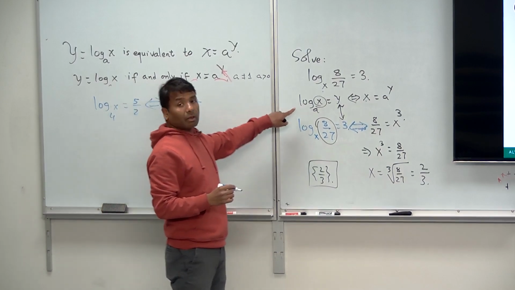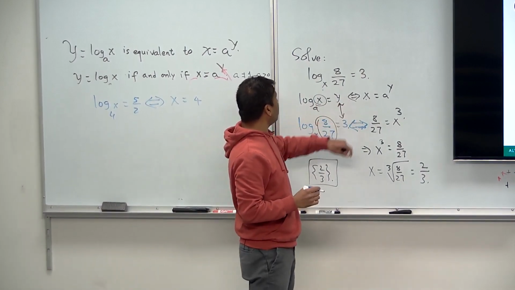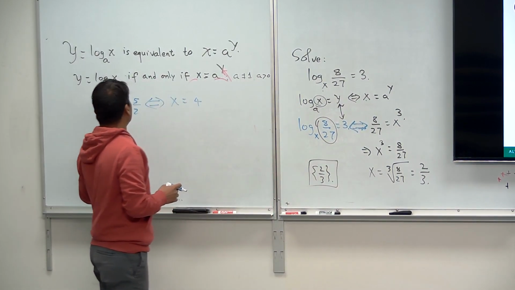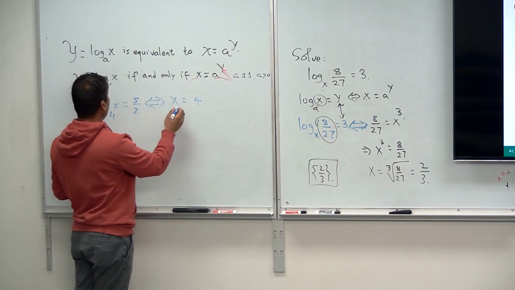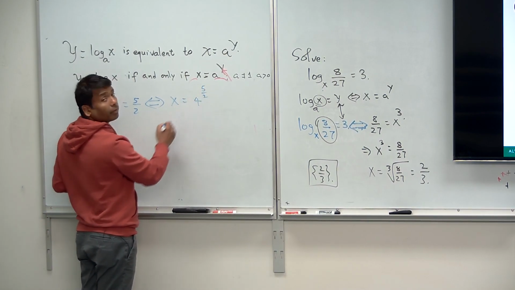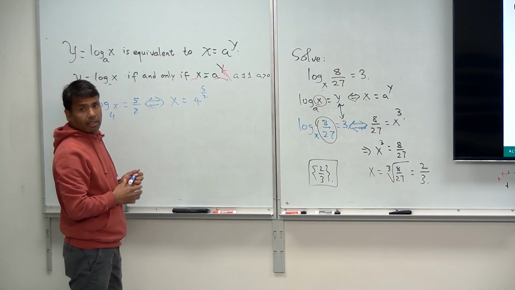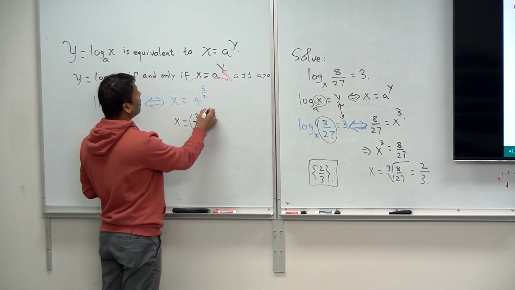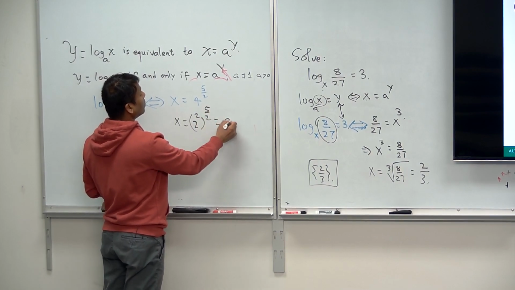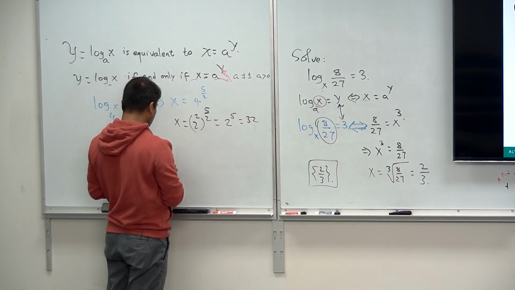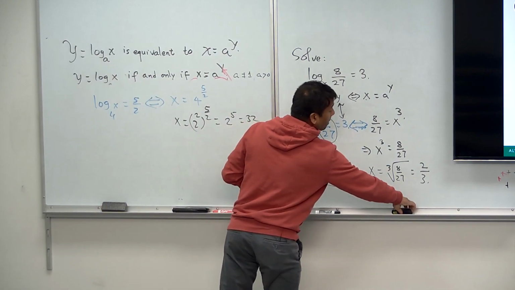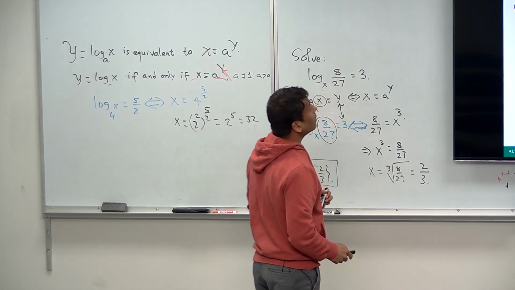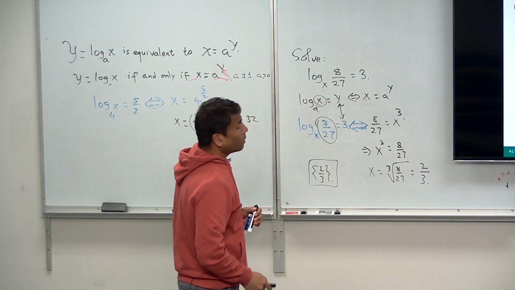If you have logarithm with base a of x equals y, then x equals a to the power y. So x equals 4 to the power 5 over 2. That makes sense? So now x equals 2 squared raised to the power 5 over 2. So 2 to the power 5 equals 32. Is that right? x equals 32. Did you see that?